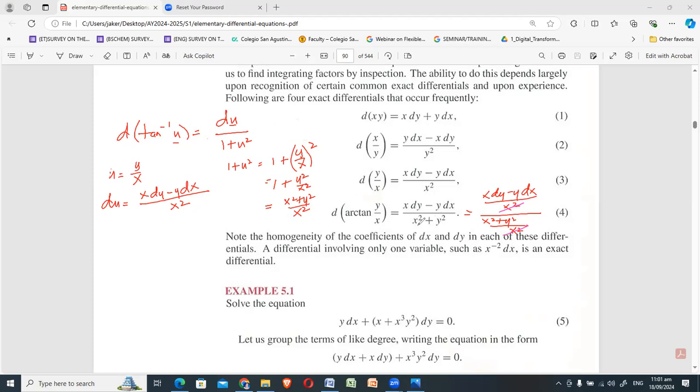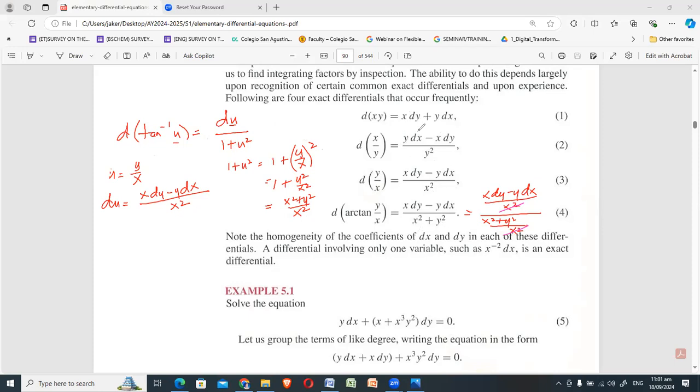What's the purpose of giving you these exact differentials? You will rearrange and manipulate your original differential equation so that you get to see any of this. Why?